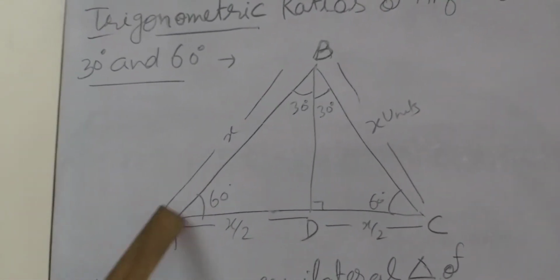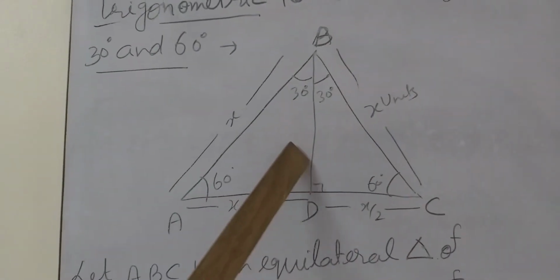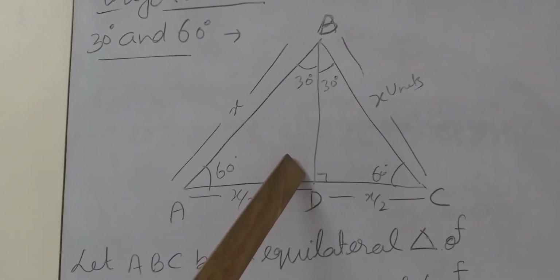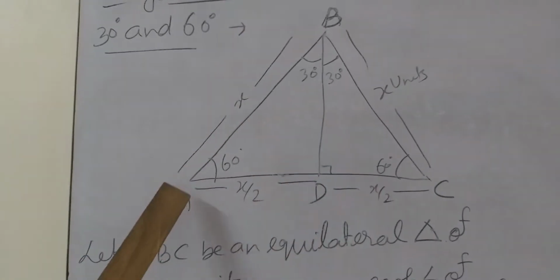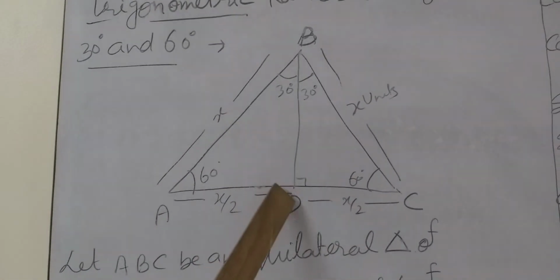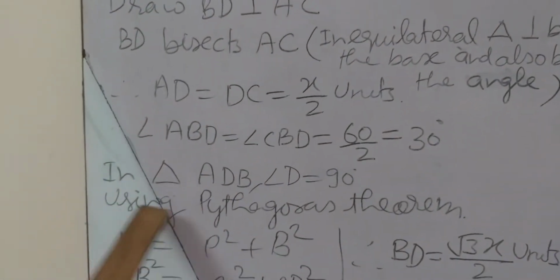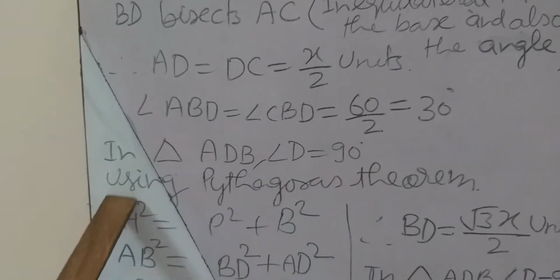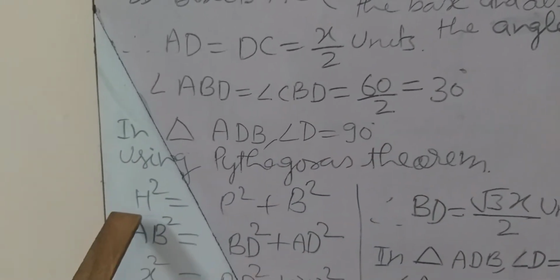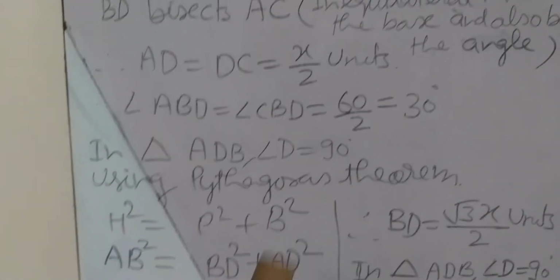Now students, you can see in triangle ADB, angle D equals 90 degrees. AB is X, AD is X by 2. To calculate BD, we can use the Pythagoras theorem. In triangle ADB, with the right angle at D, using the Pythagoras theorem, H square equals P square plus B square.